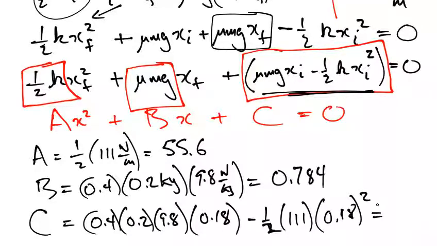What's all that going to give me? 0.4 times 0.2 times 9.8 times 0.18, minus 0.5 times 111 times 0.18 squared, and I get a value of negative 1.66.